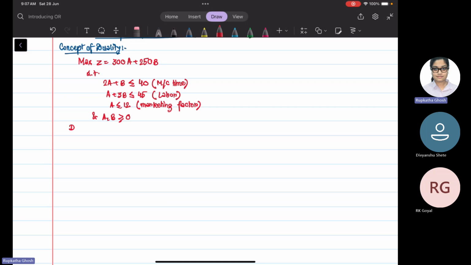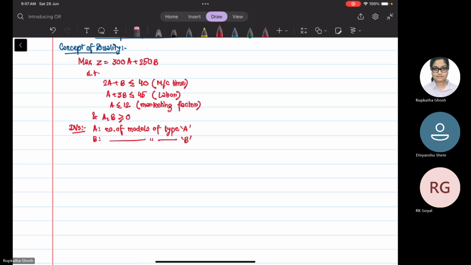Now, here your decision variables are basically A and B. Let's say A is the number of models of type A which need to be produced, and B is the number of models of type B which need to be produced.